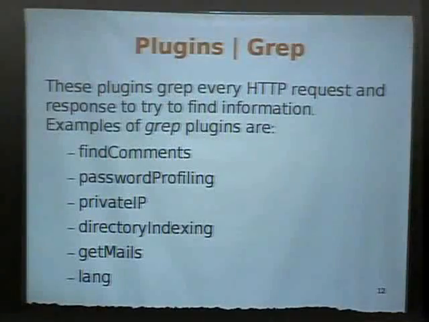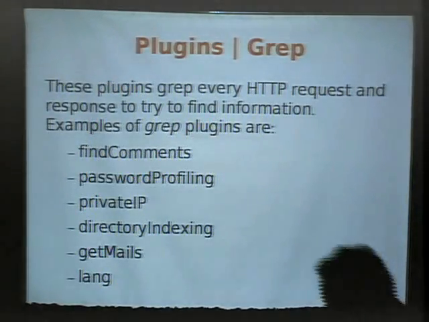We also have a password profiling plugin. If you're scanning a bank, the password profiling plugin will create a list of the most repeated words in the whole site. So you're going to have in the password profiling, in the top 3, you're going to have bank and, I don't know, America and, I don't know, money.